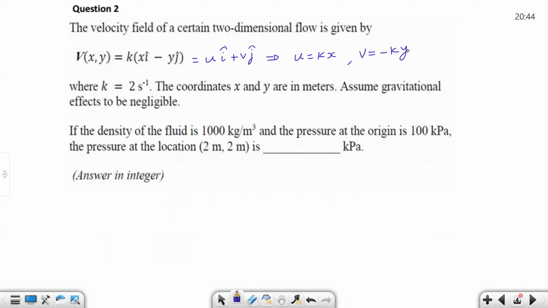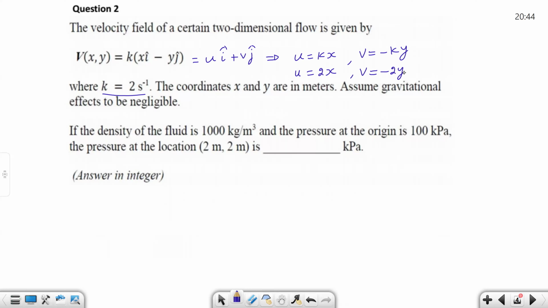K is given as 2 second minus 1. So that means u equal to 2x, and v is minus 2y.